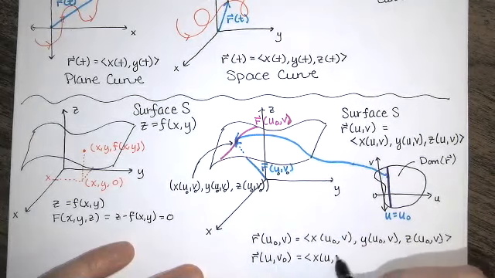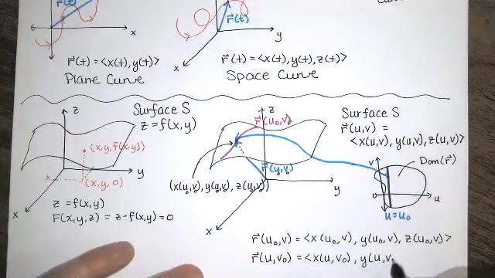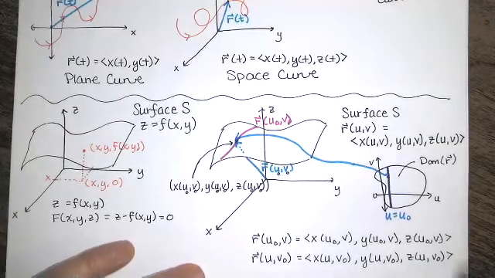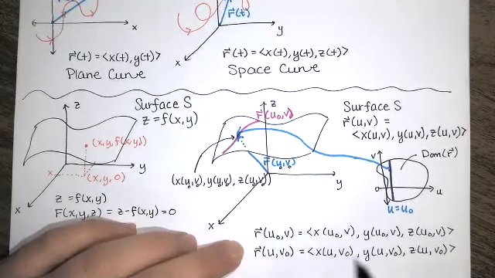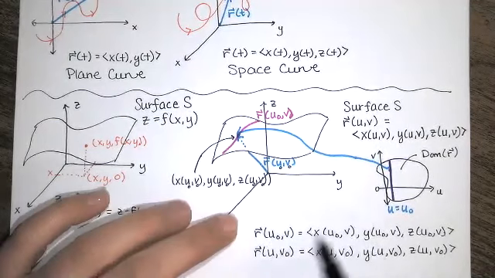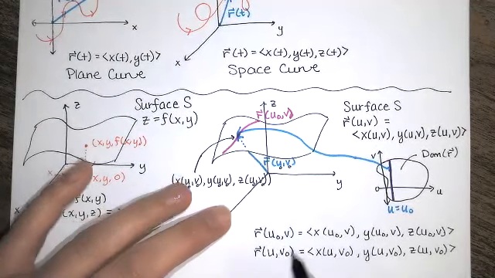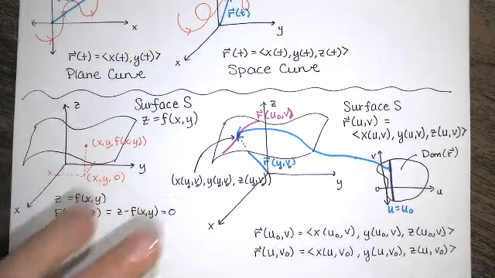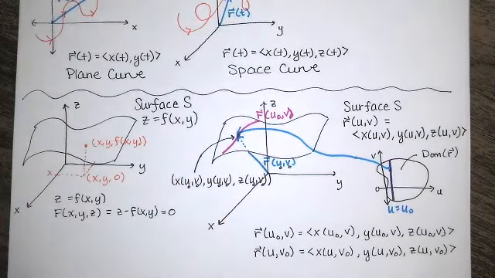So I've got X of U and V naught, Y of U and V naught, and Z of U and V naught. So now R is a function of U only. Instead of being a function of V only, it's a function of U only because I've replaced all the V's with V naughts. So what that does for us is it gives us a different curve on our surface.